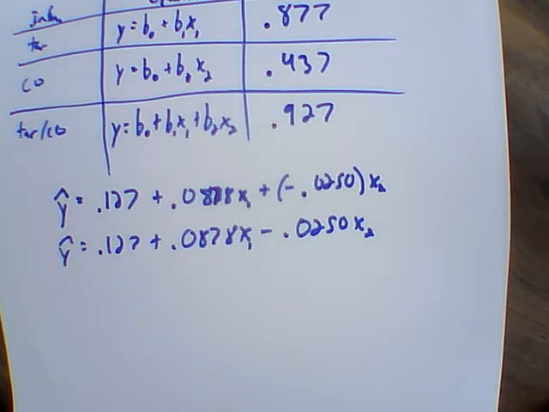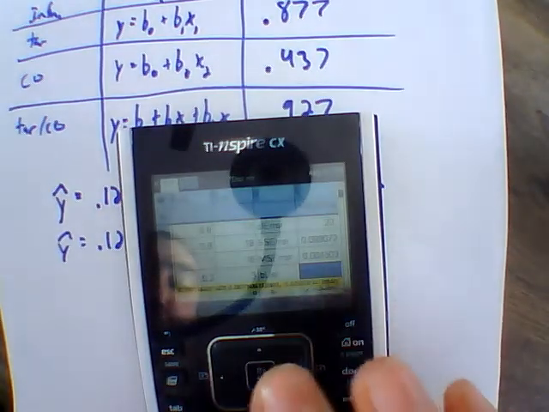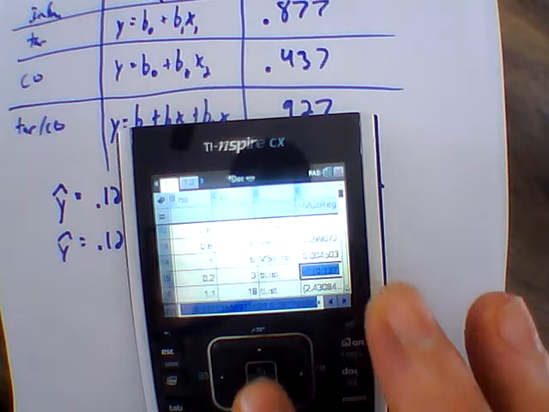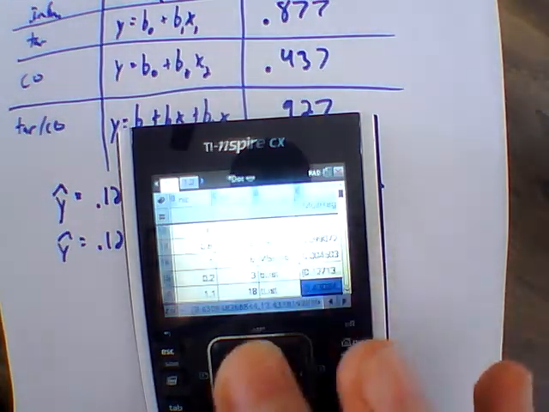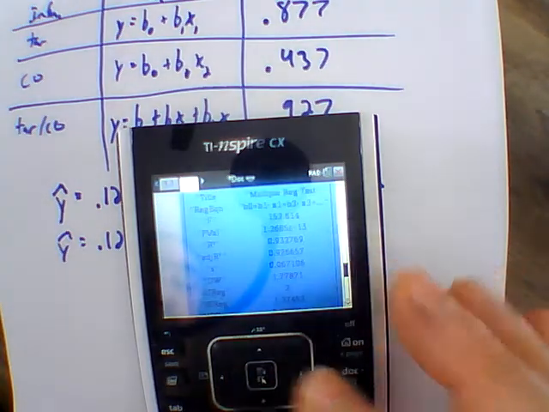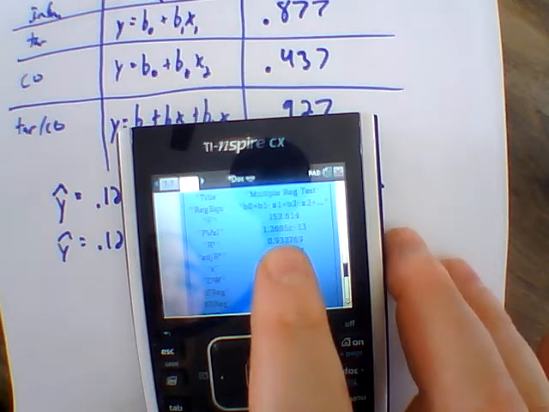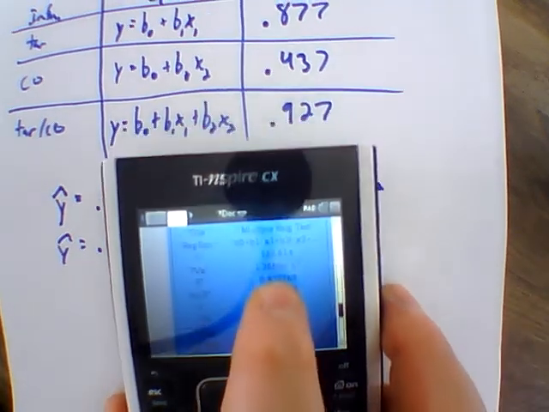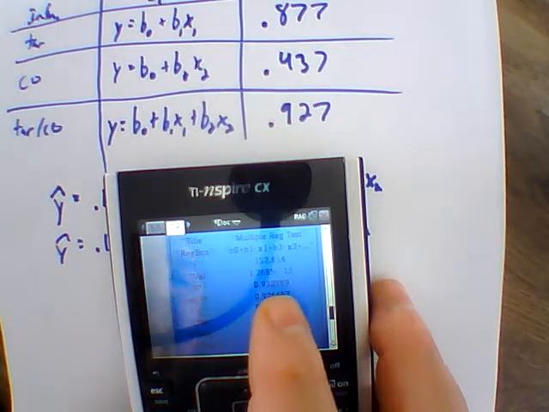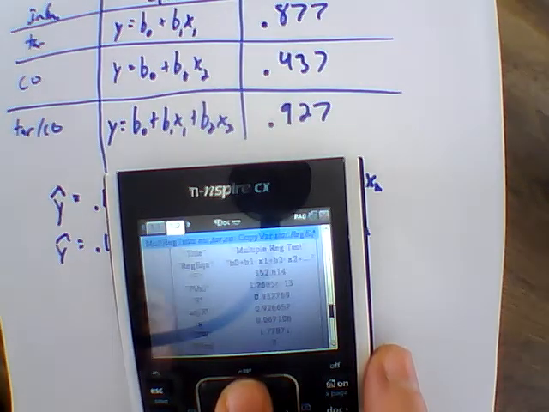Let's see, it's best value R squared. We could also go back in here. If I go back over here to my list, once again you can see that there's a p-value. Notice the p-value for my last one was 0.127 times 10 to the negative 13th.